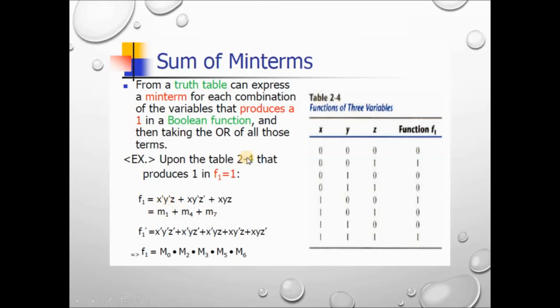So x bar, y bar, z is M1. Then x, y bar, z means true, false, false, that means 0, 1, 1, which is 3. So you go to position 0, 1, 2, 3. This is M3.